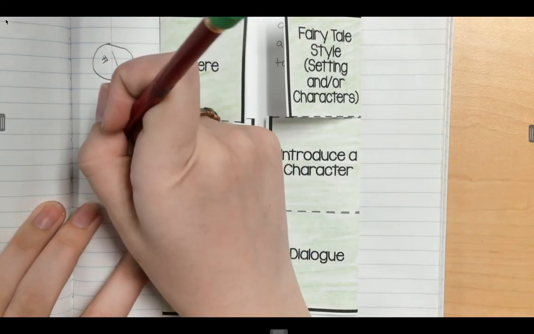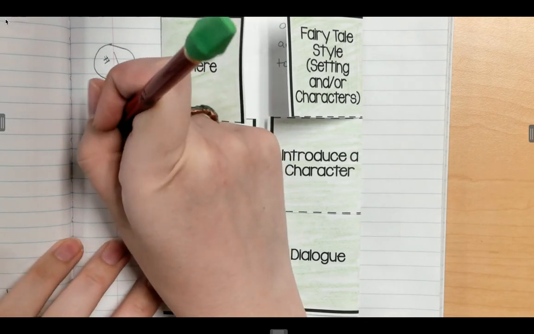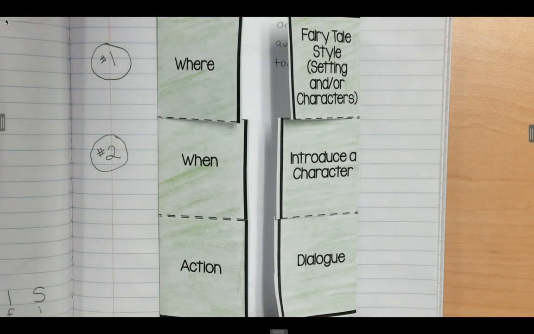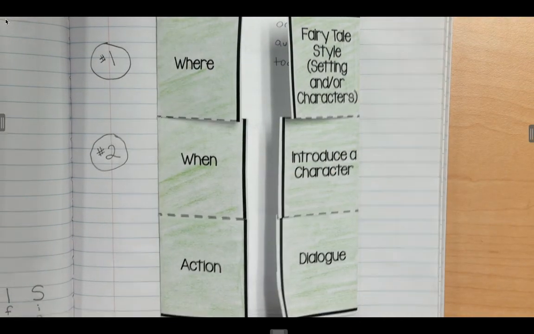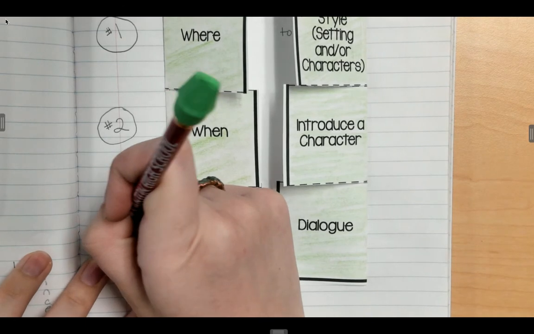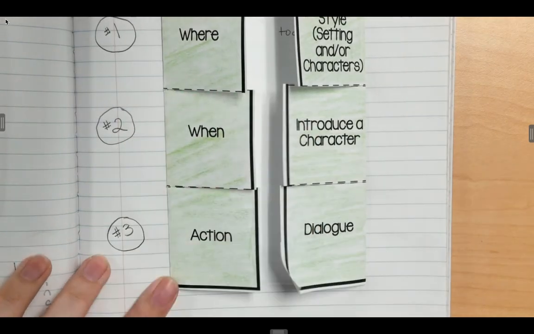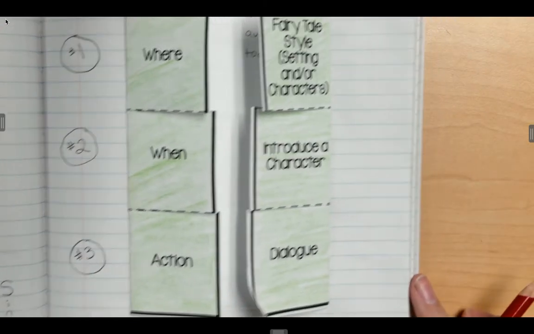When is number 2, and yes, we can use when to start narrative writing in this unit. Number 3 is action. Action is my favorite way to start a narrative. And yes, of course, you can use action to start a narrative.